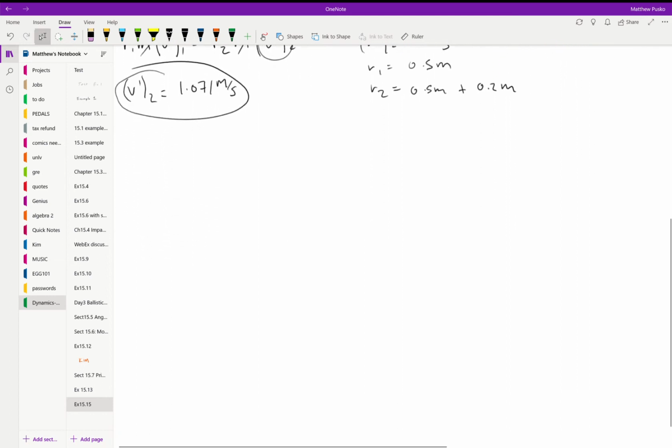Let's conserve energy now. T1 plus V1 is equal to T2 plus V2. Well, does it have some motion energy, some kinetic energy? It does. It's got some initial 1/2 m v at 1 squared.